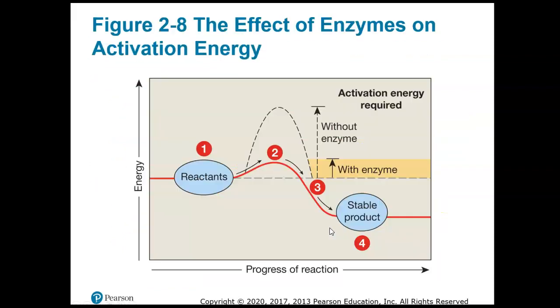Enzymes are protein catalysts. So without the enzyme, it may take a lot more energy for these reactants to react and form products. But with the enzyme, it takes a lot less energy, meaning it's going to take a lot less time.